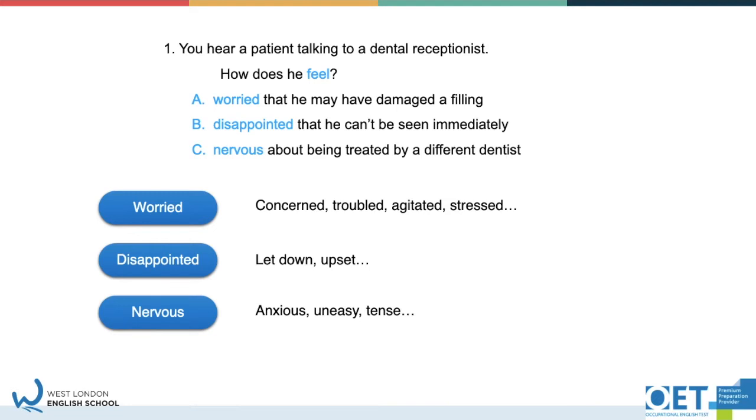Because in Part B, or in the listening in general, the person speaking is not going to repeat the same words. For example, the patient will not say to the dental receptionist, "Yes, I am worried that I might have damaged a filling." That's not going to happen. So instead of worried, the patient might say concerned, troubled, agitated, stressed.